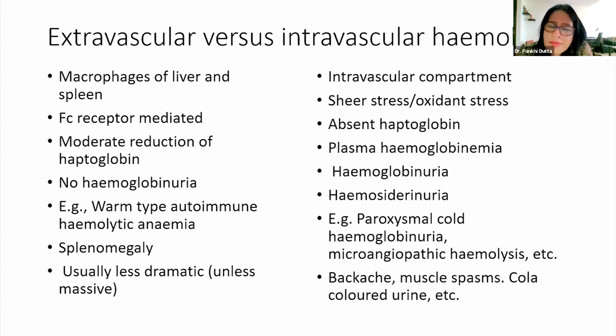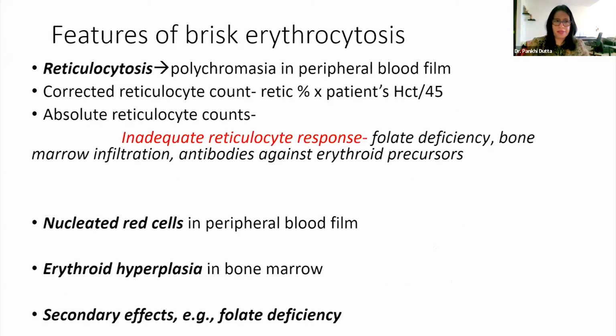So I think it's very useful to be very clear about this, because when we know where hemolysis is occurring, it would also help us to narrow down the possible causes, decide on the investigations and come to a diagnosis.